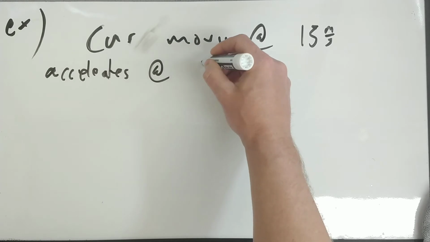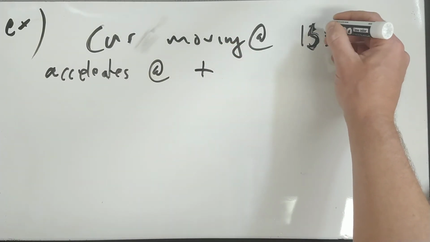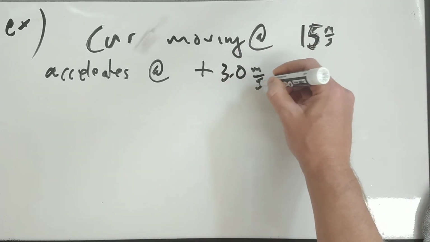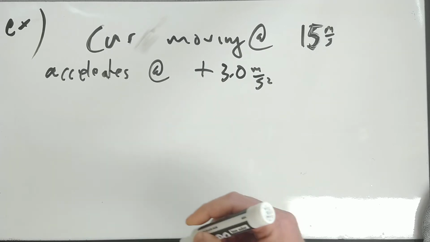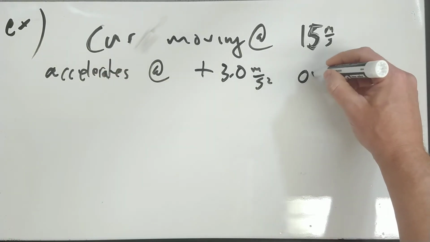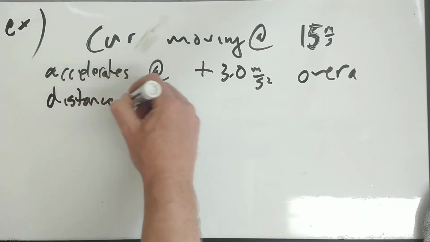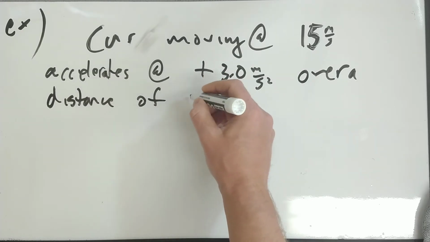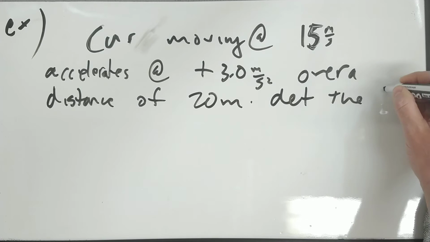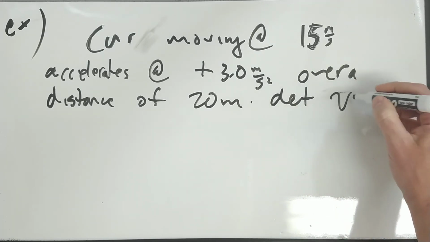at a rate of positive, what did I say, 13 or 15? I'll say 15. My handwriting, I couldn't decipher. Positive 3.0 meters per second each second, or meters per second squared, for an hour there, over a distance of 20 meters. Determine the final velocity, VF.